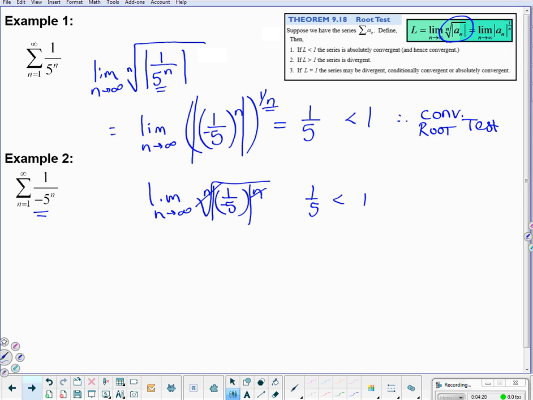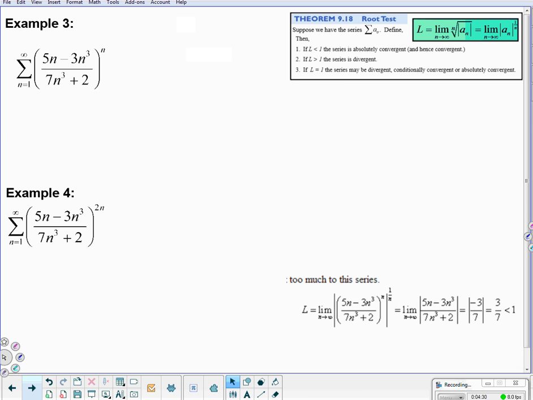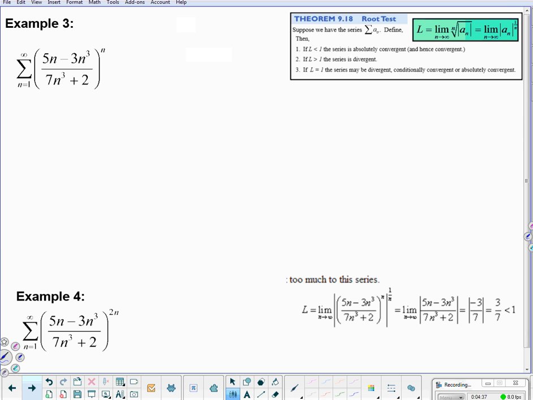So it's still convergent, absolutely convergent. Okay, boy, looks like they pick up steam really quick, doesn't it? You can see that the answer to this one is there, but let's work through number 3 on our own.